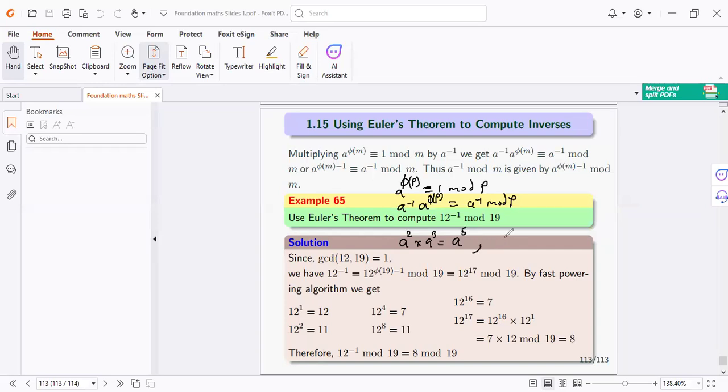Similarly, A inverse times A raised to phi of P is the same as A raised to phi of P minus 1. So this is the inverse of A. That's why I said the inverse of A, therefore, is given by this.